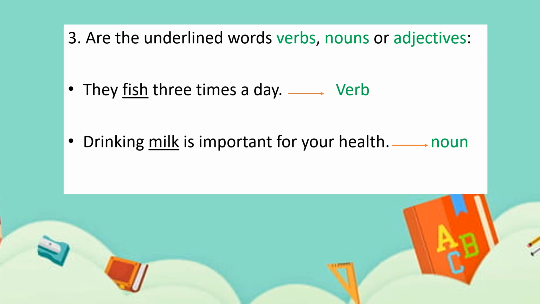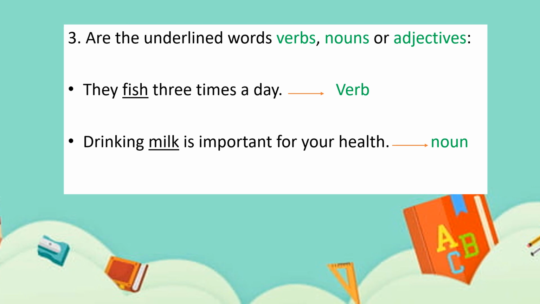Another exercise: are the underlined words verbs, nouns, or adjectives? Of course, this exercise is about parts of speech. You will know now according to what you have already studied before. They fish 3 times a day.